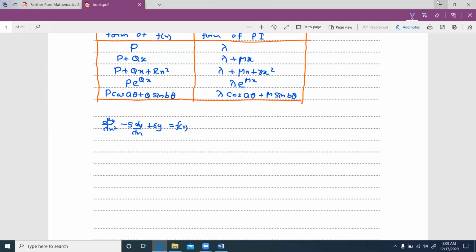Then they have given the first part of f(x), and we need to find the particular integral. This is the way of doing it.